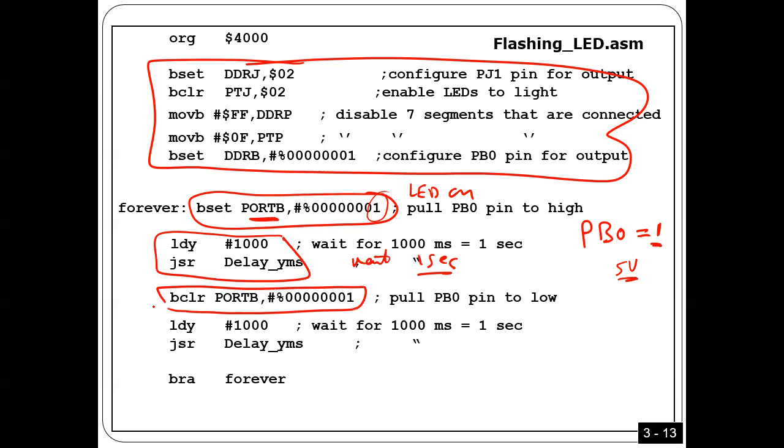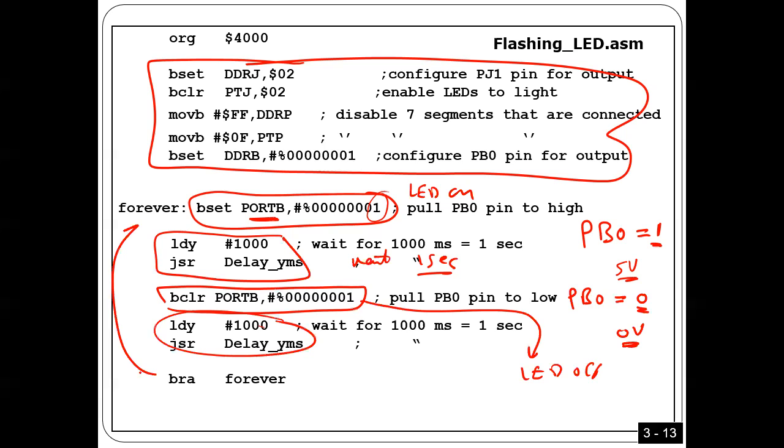This instruction puts 0 on PB0, so PB0 equals logic 0, or 0 volts. So this instruction turns the LED off. Then you wait 1 second and go back to repeat again. Very easy, right? Turn on, wait 1 second, turn off, wait 1 second, repeat again. That's how we can make flashing.